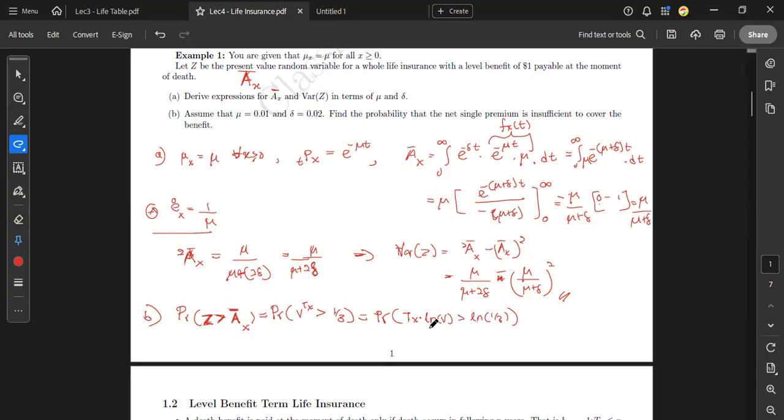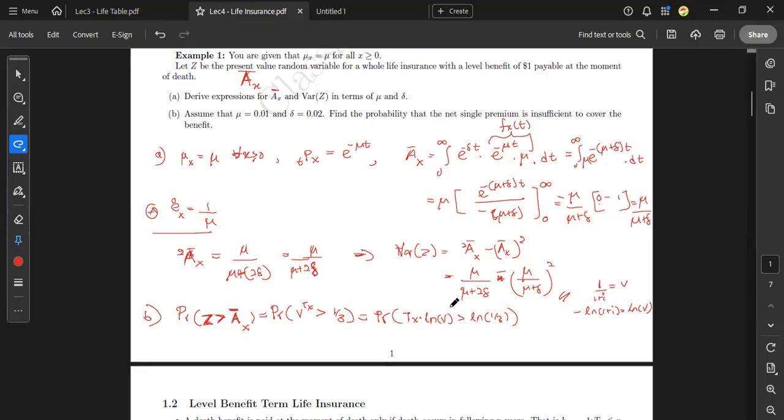And we can use this: 1 plus i is v, and negative log of 1 plus i means log v.